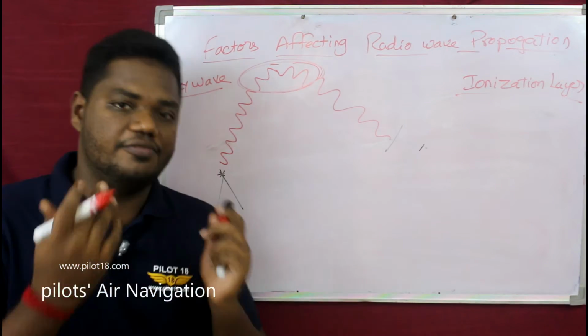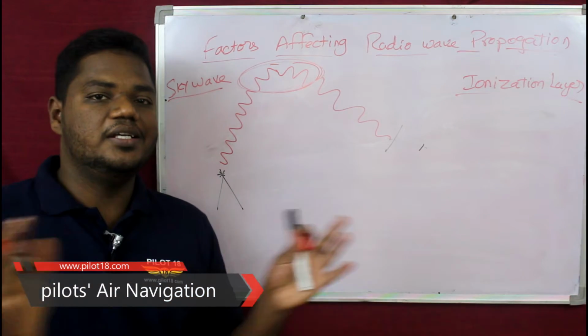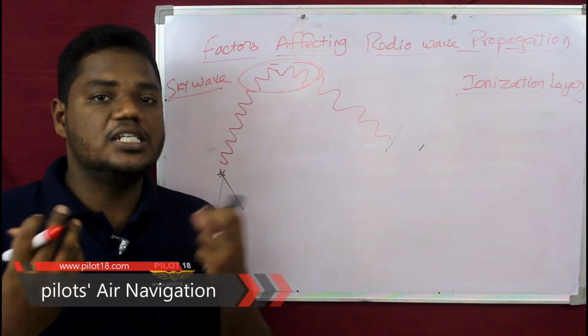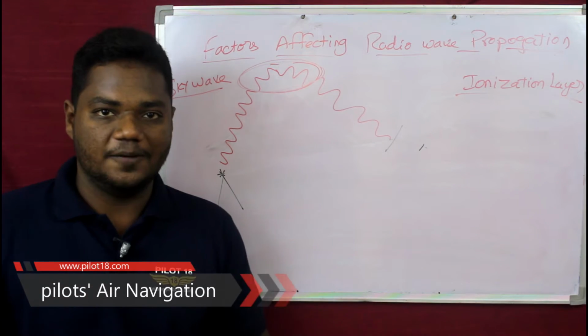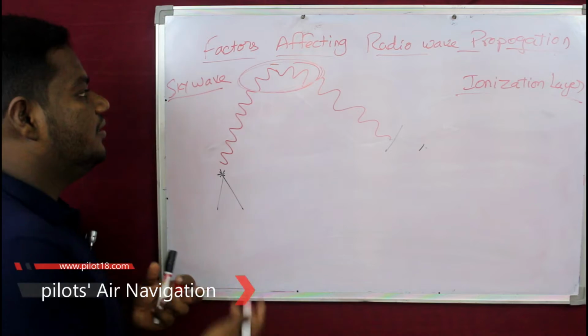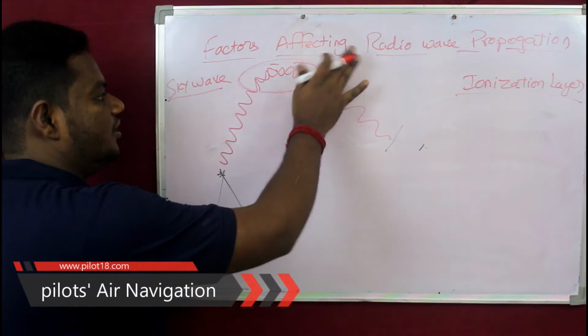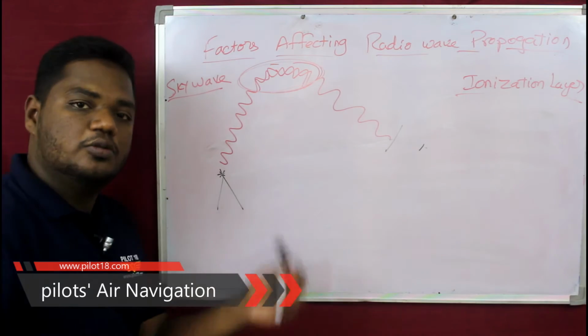In that layer the pressure is very low, so the atoms are widely dispersed. When the sun heats it up, the atoms get charged, like a solar panel, and they disturb the incoming radio waves. If there were no ionization layer, the radio waves would just go to space.